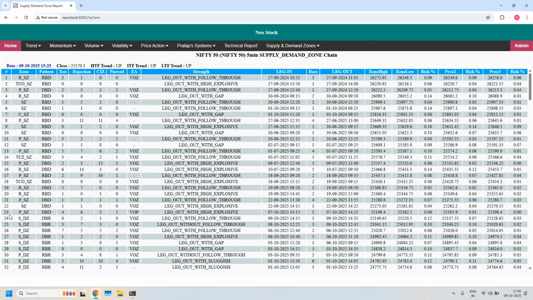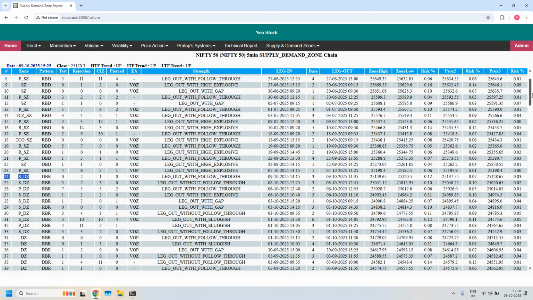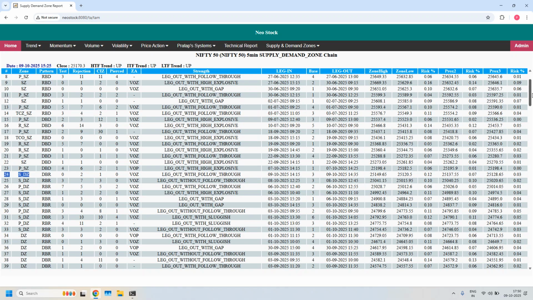And the nearest demand zone for the current closing price is serial number 24. I will put it in the middle of the page. Okay, so this is a NIFTY supply demand zone chain report.